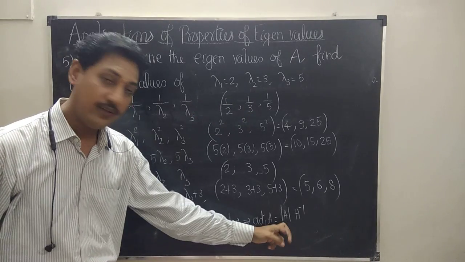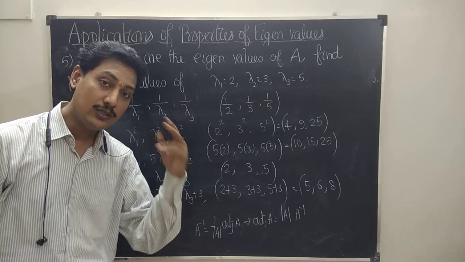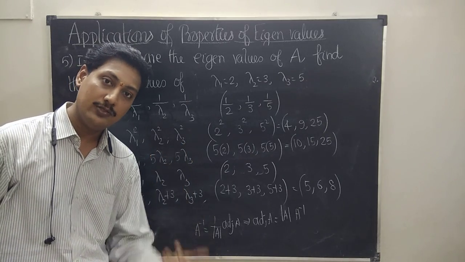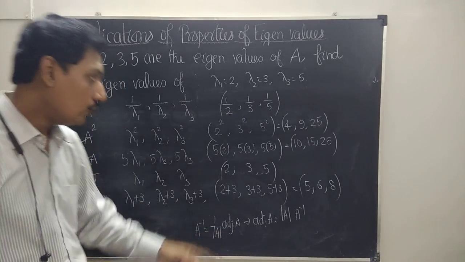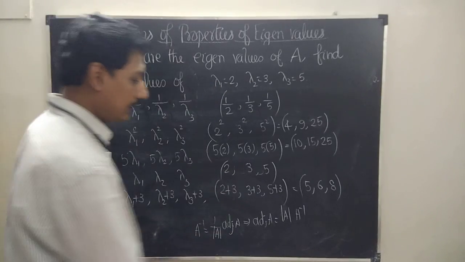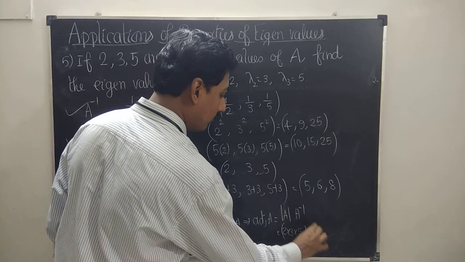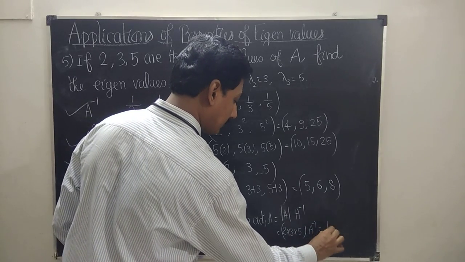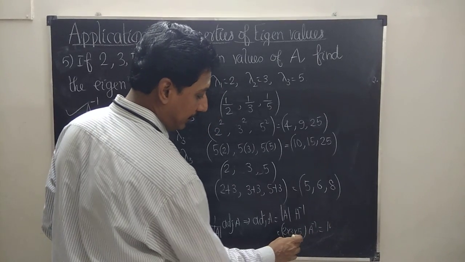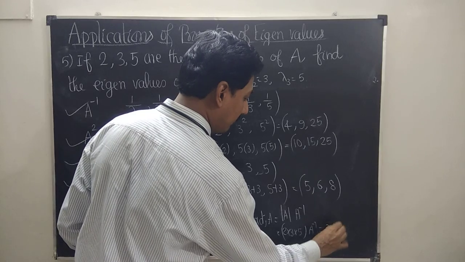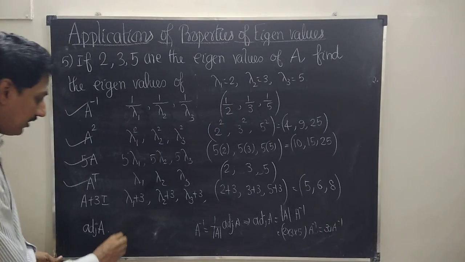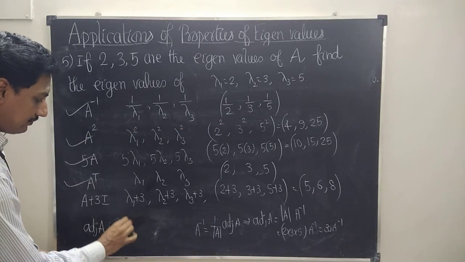But what is determinant of A? By the property, the product of the eigenvalues is equal to its determinant value. So determinant of A is 2 into 3 into 5, which is 6 into 5, 30. So the adjoint of A is nothing but 30 times A inverse.